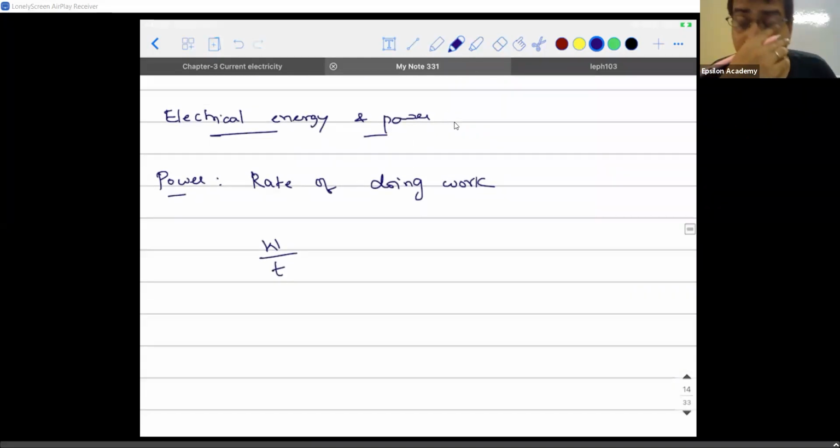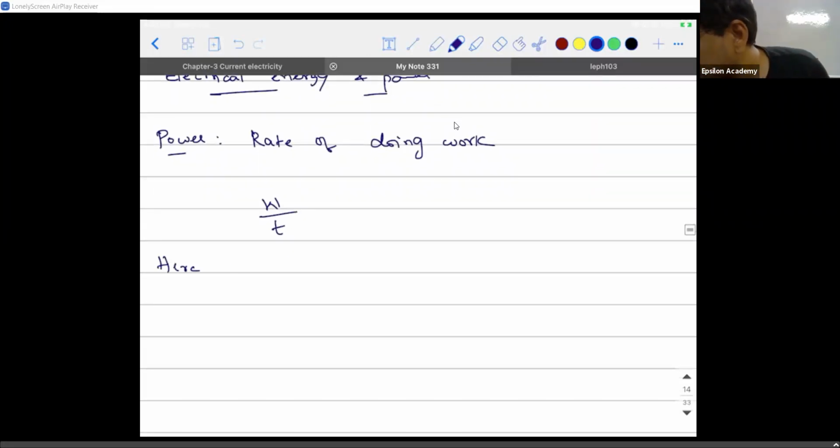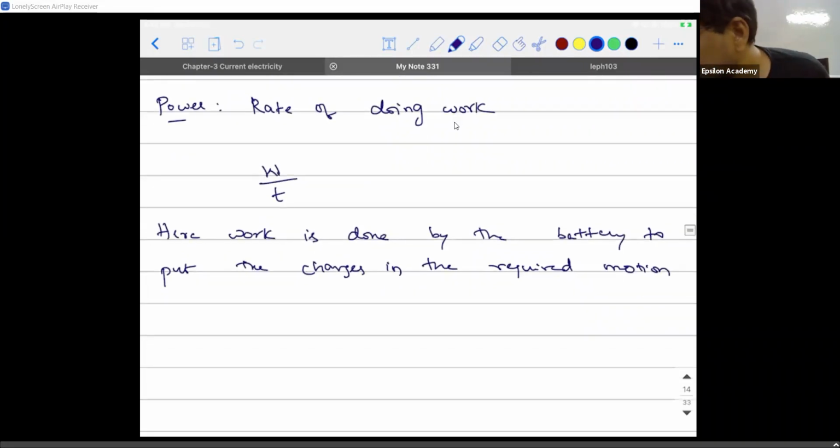Now comes an important question. Here, work is done by the battery to put the charges in the required motion. Accepted. If that is the case, can I write W as Q into V?